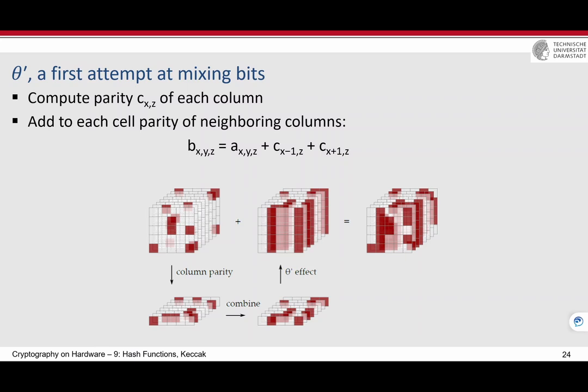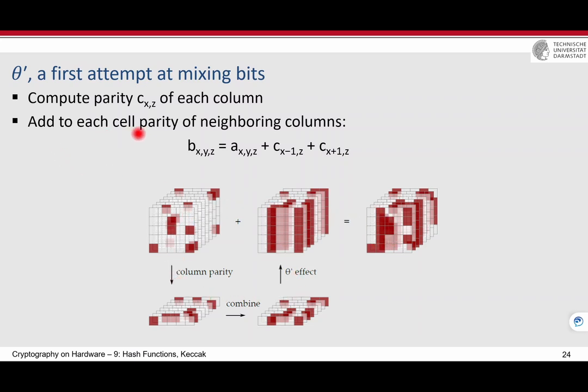In symmetric cryptography, it's a substitution box, but then you need some diffusion layers, and one of the parts to implement the diffusion is this theta prime function. There are some formulas for this. These pluses are just XORs. It says which bits should be calculated, or how many bits should be XORed together to make the next bit. And you see some effects of this, which is not bad.